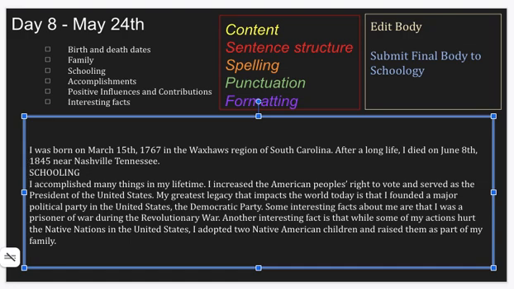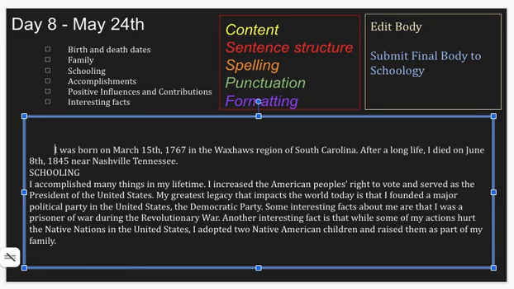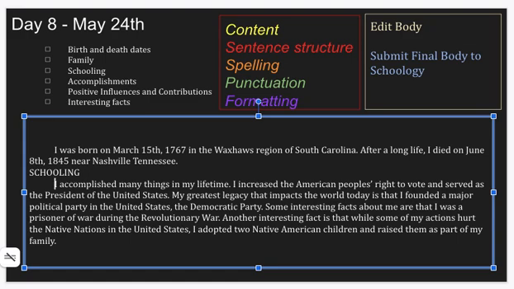And then down here at the bottom, it shifts to talking about things that he did later in his life. So I'm going to make those into 2 different paragraphs. At the beginning of each paragraph, I need to press the tab button and indent so that we know it's the beginning of a paragraph. Now you can see my writing has 2 different paragraphs. Both focus on a different topic.